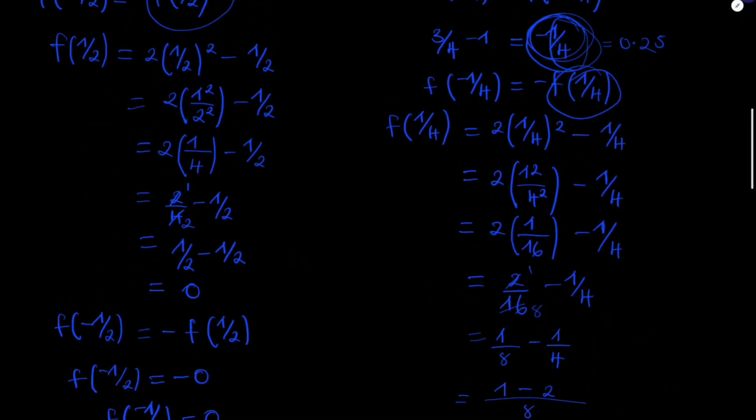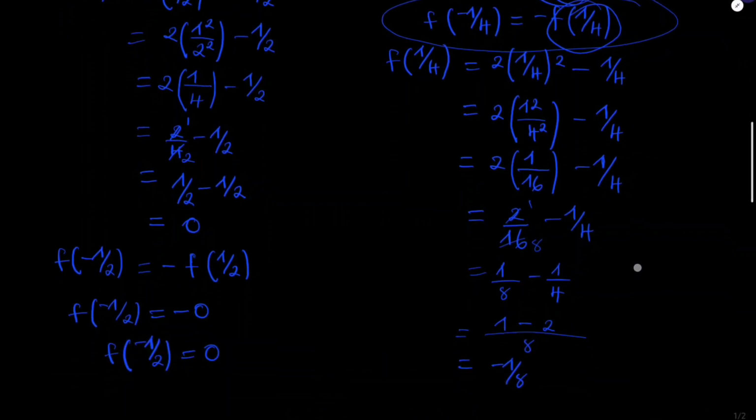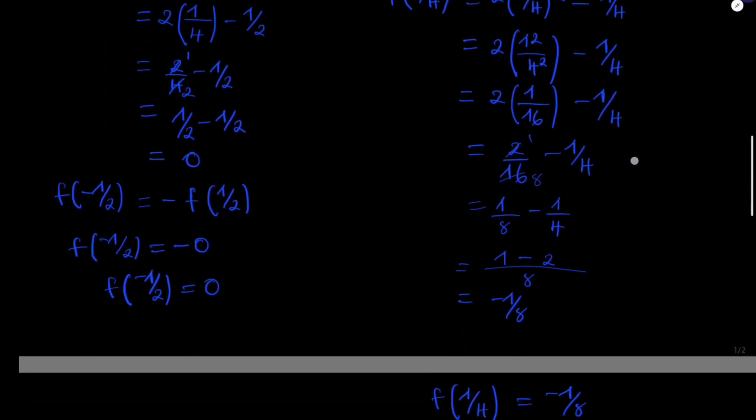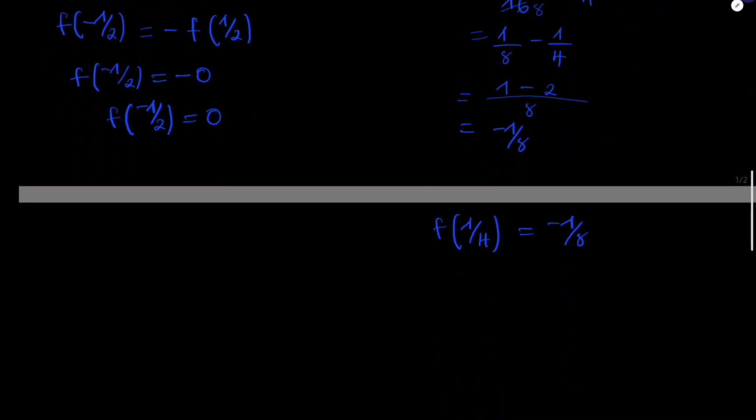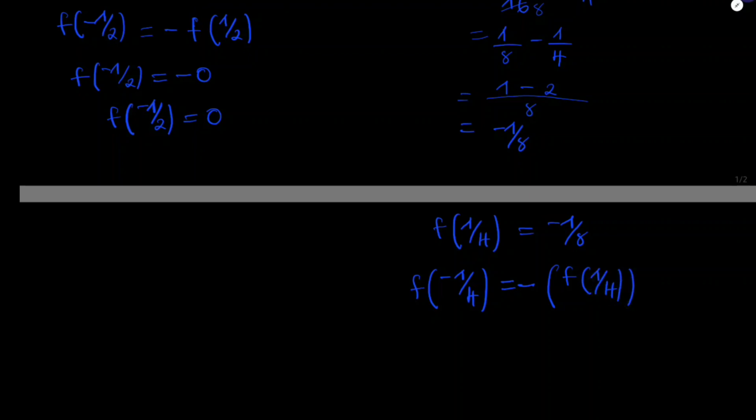But remember, from above, since the function is odd, f(minus 1/4) is equal to minus f(1/4). That is what we had originally. So now we know that f(1/4) is minus 1/8, so we are just going to substitute it.